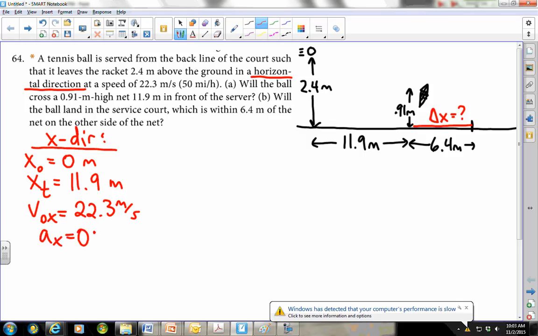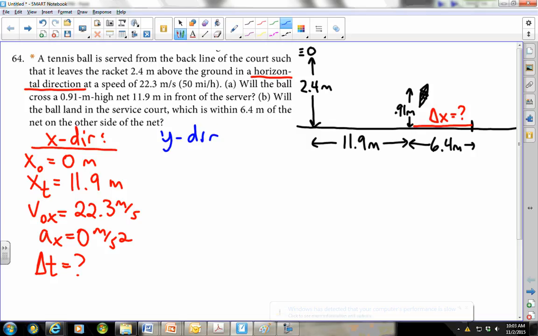Acceleration in the x direction is 0. We don't know time that it would take, but we'll find that soon. Okay, y direction. Well, we know that it starts off at a height of 2.4. We don't know if it crosses the net. That's what we're finding.